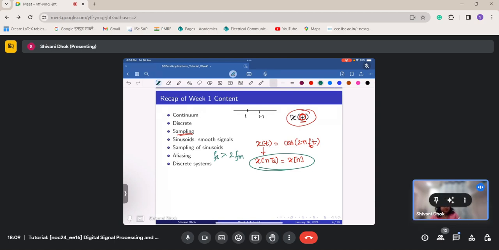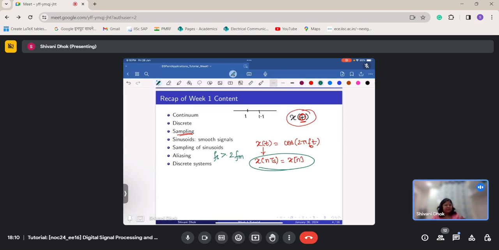If this is not satisfied, then we'll have overlapping of signals or sinusoids which contribute to that particular sample value which we are having, and that overlapping thing is known as aliasing.